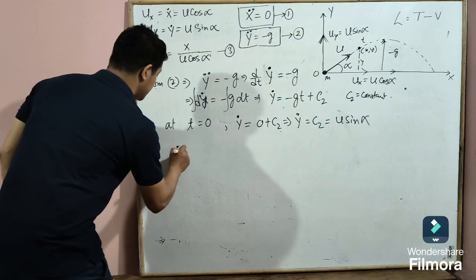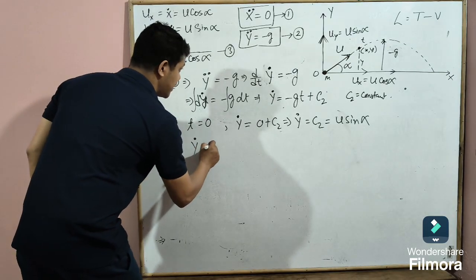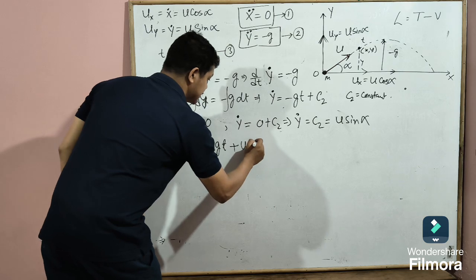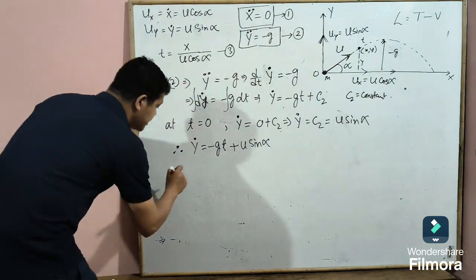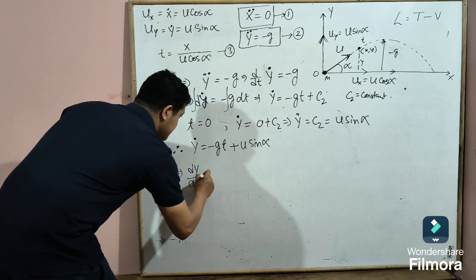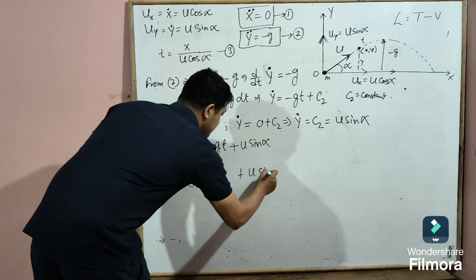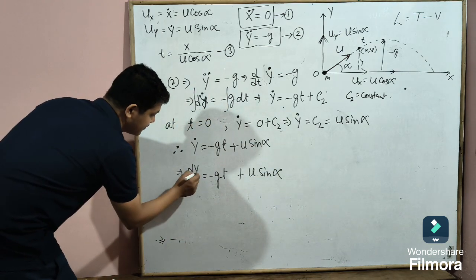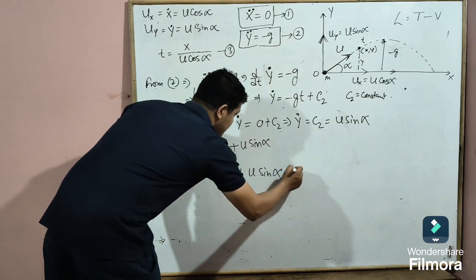Therefore we end up getting y dot is equal to minus z t plus u sine alpha, and this can be written this way: dy by dt is equal to minus z t plus u sine alpha. Also we can simplify this way: dy is equal to minus z t dt plus u sine alpha dt.